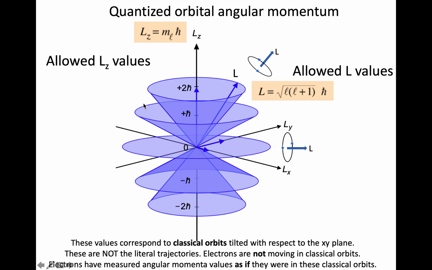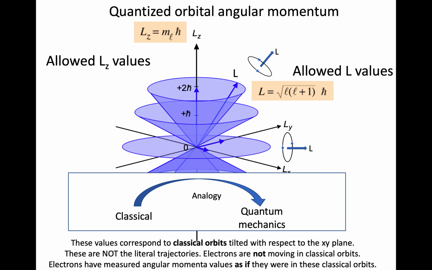These values can correspond to classical orbits that are tilted with various respects to the xy plane, but these are not the literal trajectories for our electron. Electrons, after all, are not moving in classical orbits. Electrons will have the same measured angular momentum values as if they were these classical orbits, but this is really driving home the fact that the classical explanation might be how we think about it in our head, but that is not the same explanation that applies quantum mechanically.